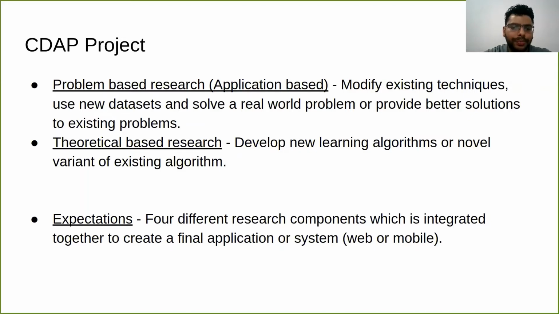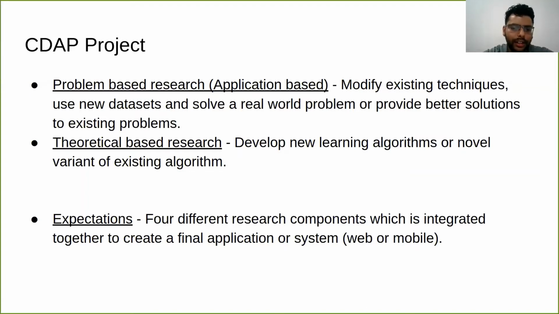These theoretical-based research ideas are a bit less common, and it's very hard to tackle in the CDAP project, at least. Most of the project ideas, even the past project ideas that you may see, are mostly problem-based or application-based research ideas.